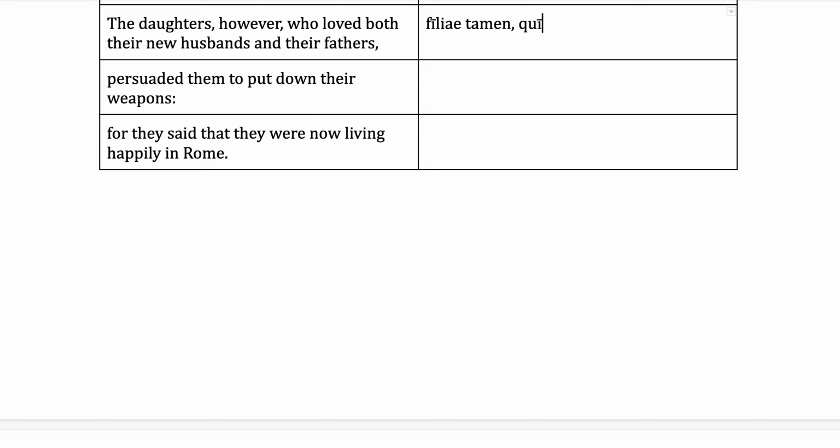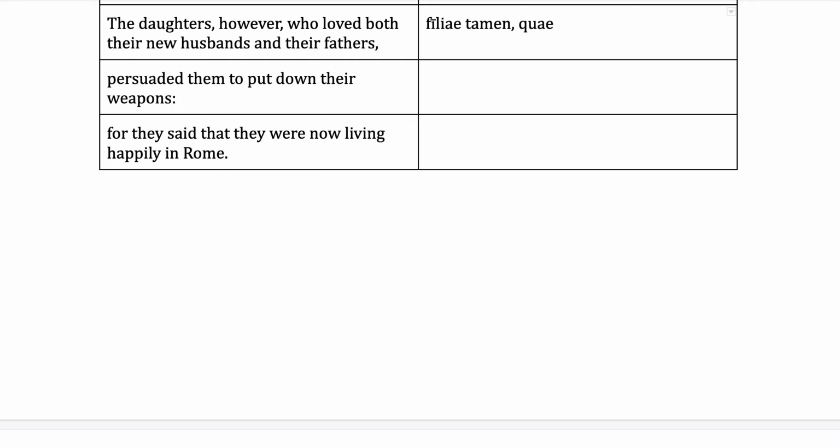So qui is the relative pronoun, but here it's not going to be qui, it needs to be plural because the daughters are plural, and it also needs to be feminine, and it also needs to be nominative. So that's quae. So the daughters who. Now, loved is the verb, so we'll leave that to the end, and let's do the object. So both their new husbands and their fathers.